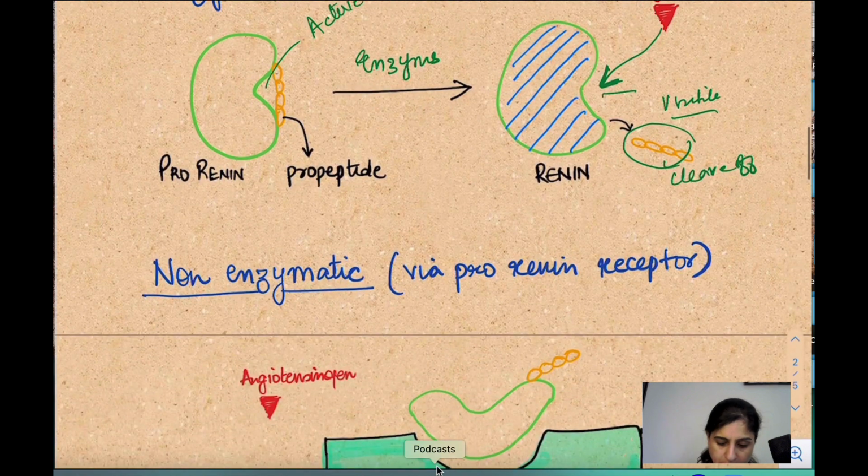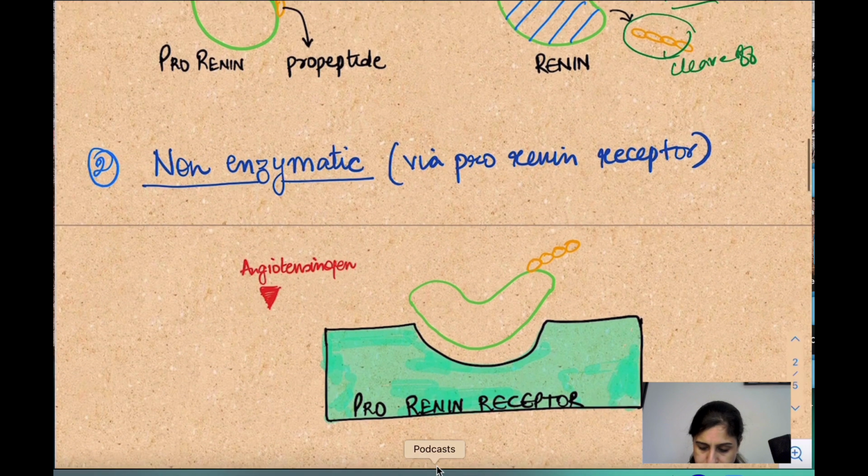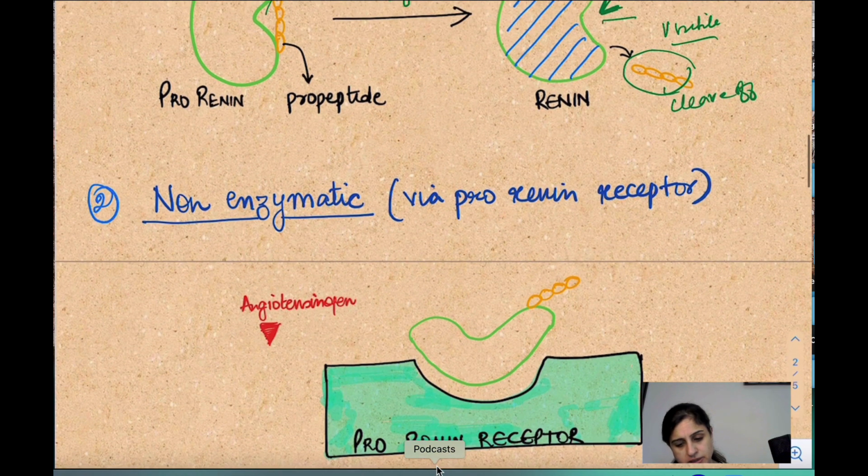The second method by which it can get activated is by action on the receptors. This is because there's no enzyme, there is a receptor involved. So what happens here? This prorenin is present, and it's the same. Let's assume this prorenin, which had the propeptide, attached to the receptor. As soon as it attaches to the receptor, this moves away.